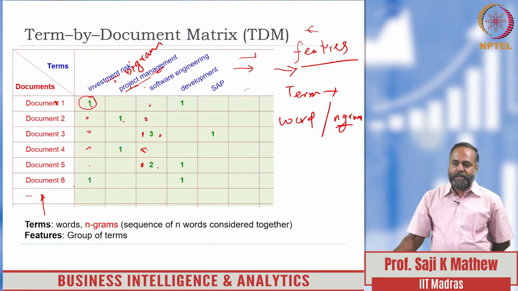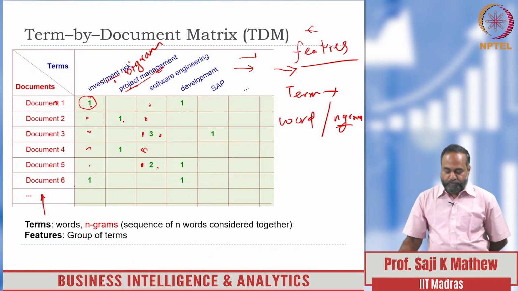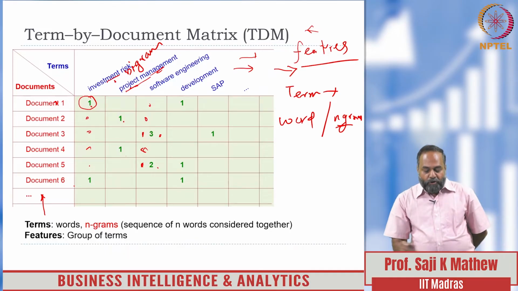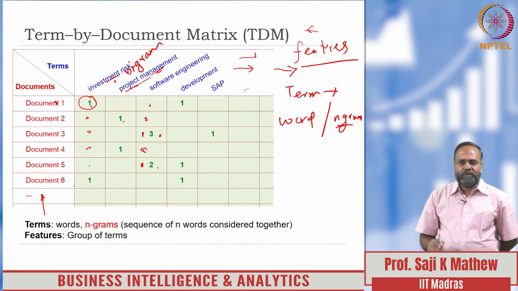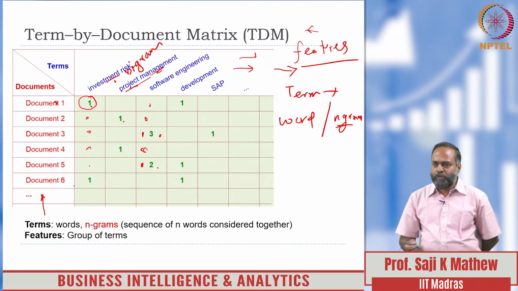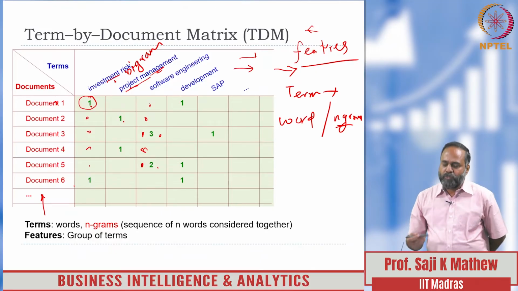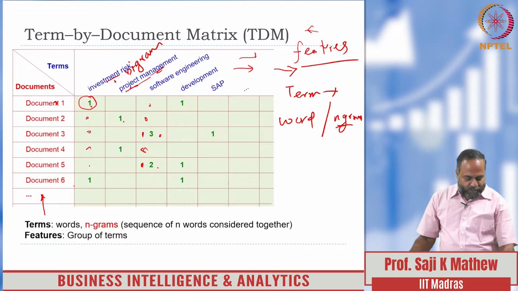It could be binary or it could be based on the actual counts. Now, you can also see a lot of sparsity in this matrix, because many documents will not have many terms. That is an area which requires separate attention in terms of optimizing a TDM.